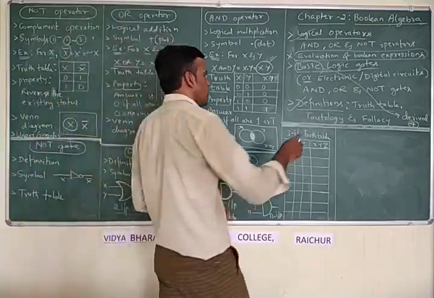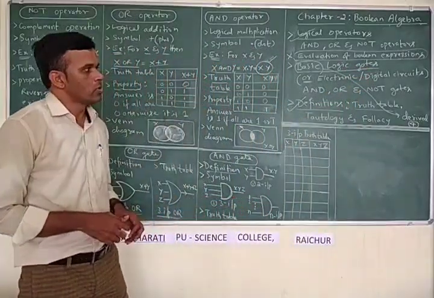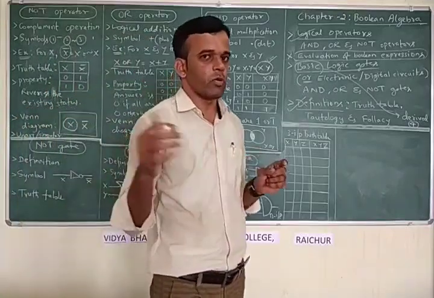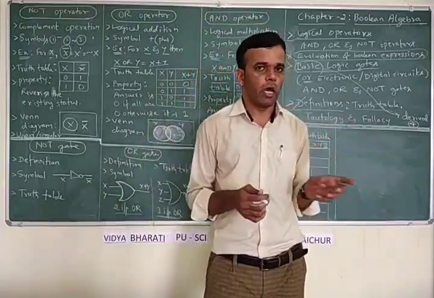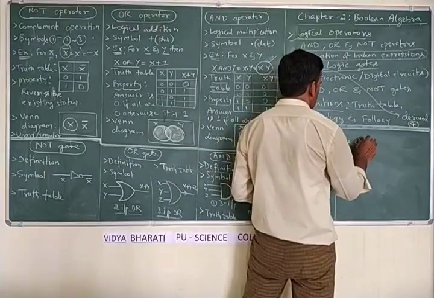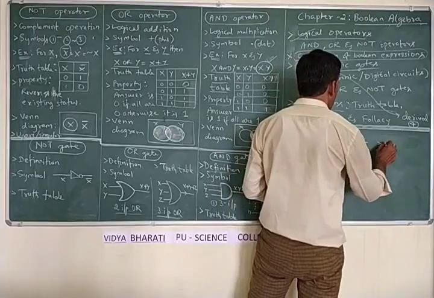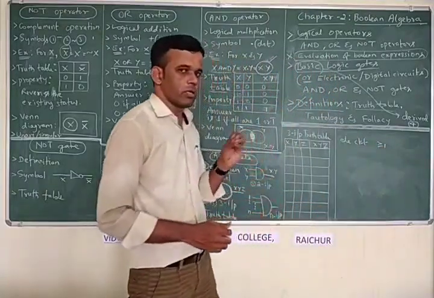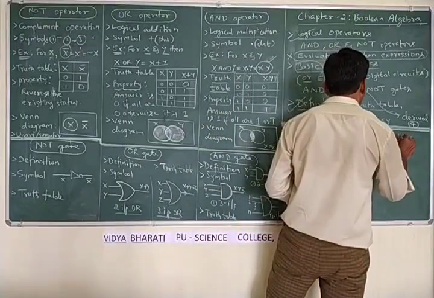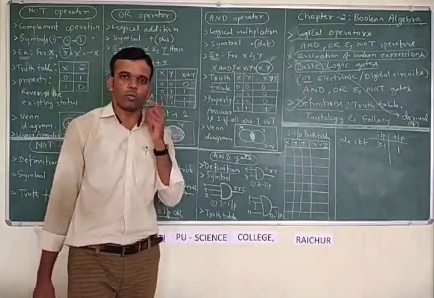So what is the definition of a logic gate, or say electronic circuit? It's an electronic circuit having one or more input signals and an output signal. What does that mean? An electronic circuit or logic gate has one or more input signals, and only one output signal.